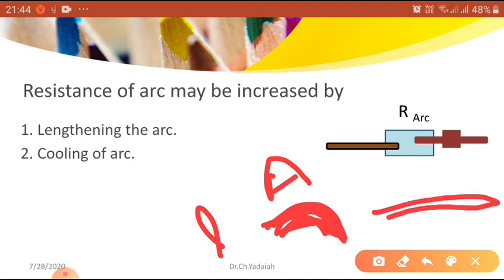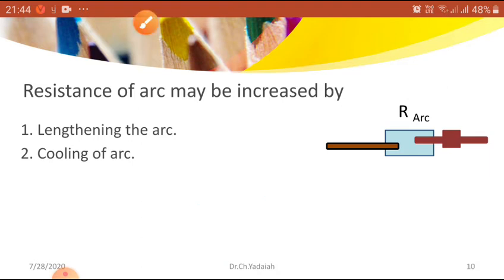Once it is lengthened, automatically the area of contact with other low temperature particles is more. Then automatically it loses temperature from the arc. That is the second point. By lengthening, cooling takes place automatically.